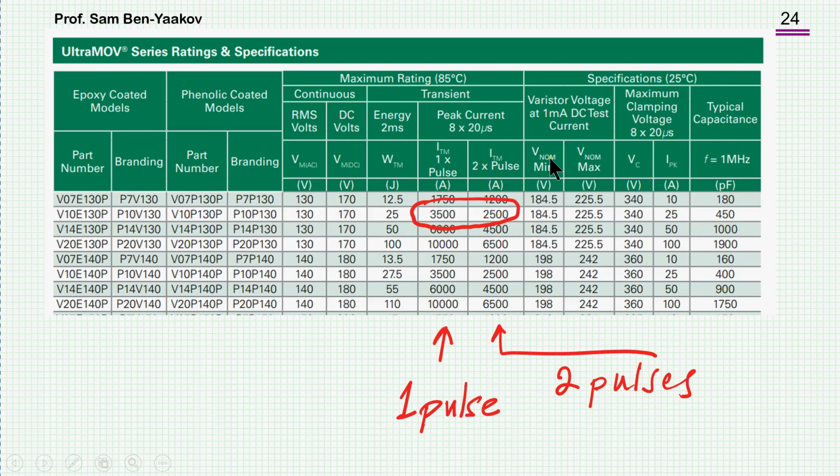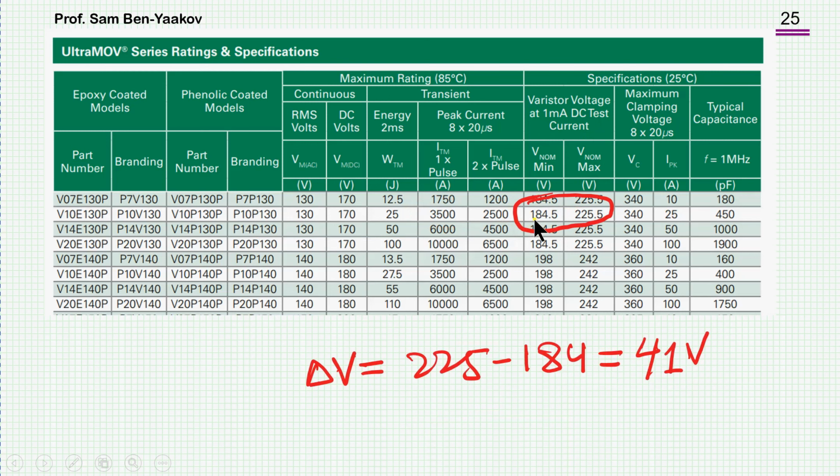And then we have the nominal voltage of the unit for 1 milliamp DC current. This is what I've said, this is how the unit is actually specified. So we see that it is between 184 and 225, and the difference is 41. So this is not a very accurate device.